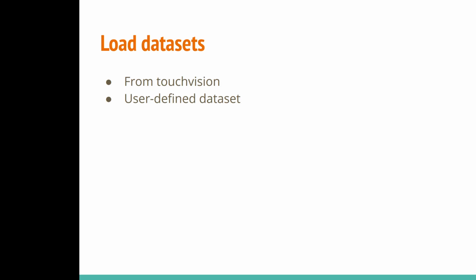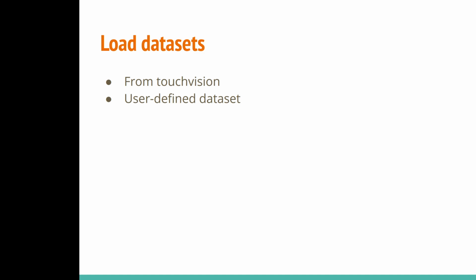So there are two ways to load the data set. The first one is using torchvision. The other one is to implement a user-defined data set. We will introduce both of them in the next few slides.